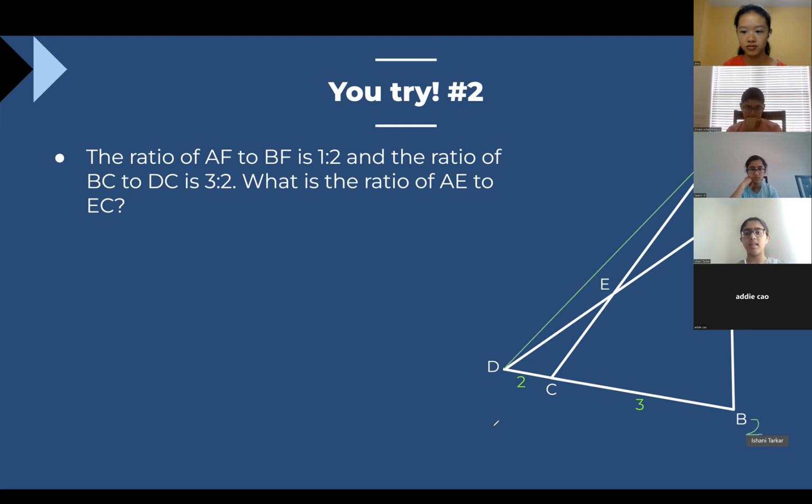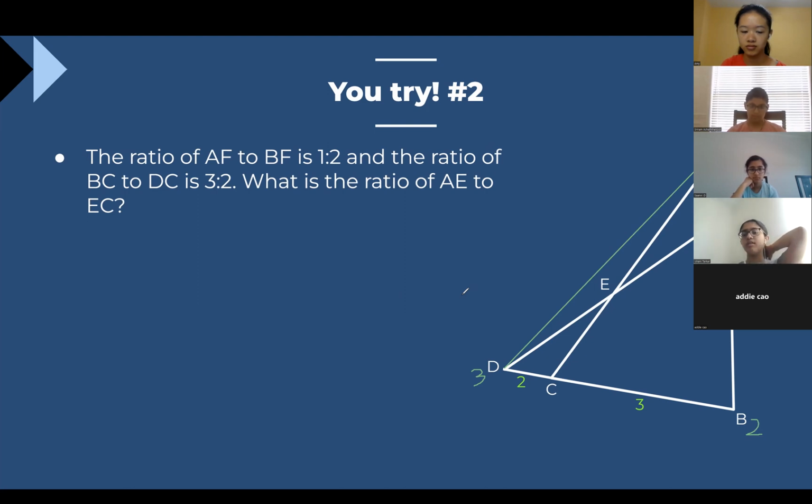Because of that, the mass of D would be 3, because 3 times 2 is 6, so we want 2 multiplied by the mass of D to also be 6. Then, since we have the mass of B, 2 times 2 is 4, so the mass of A will be 4, because 2 times 2 divided by 1 is 4.